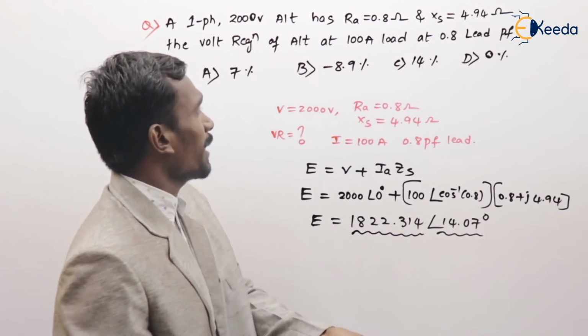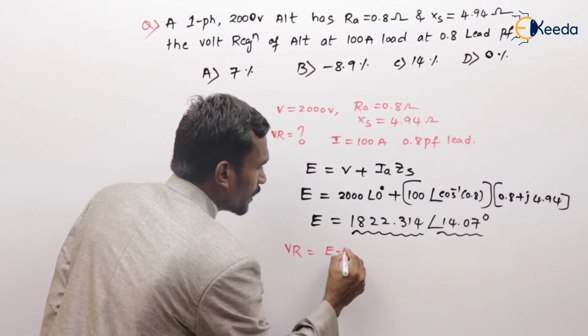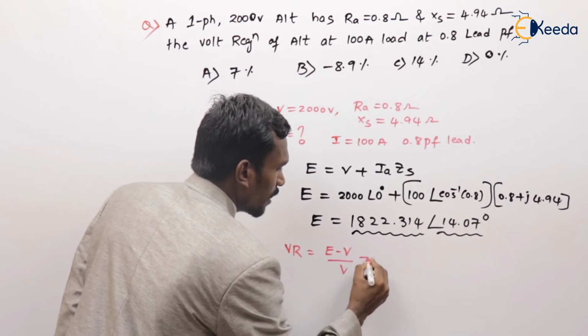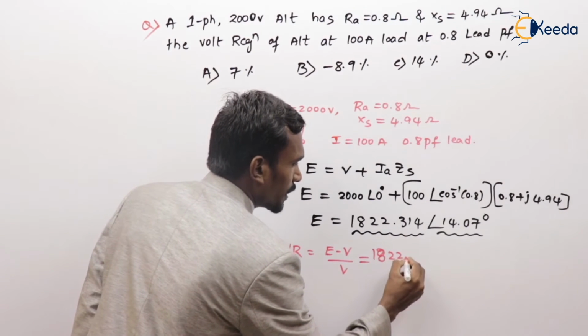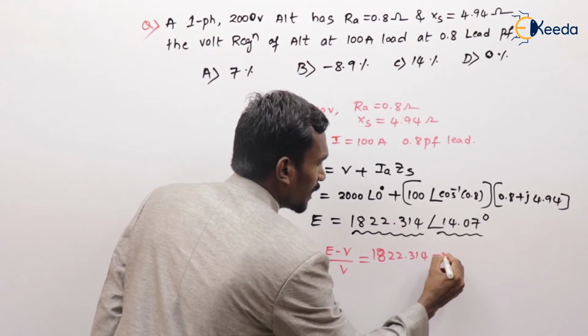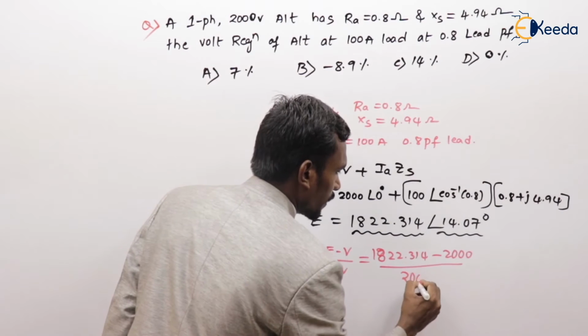But they asked for voltage regulation. Voltage regulation is equal to E minus V divided by V, which is 1822.314 minus 2000, divided by 2000.